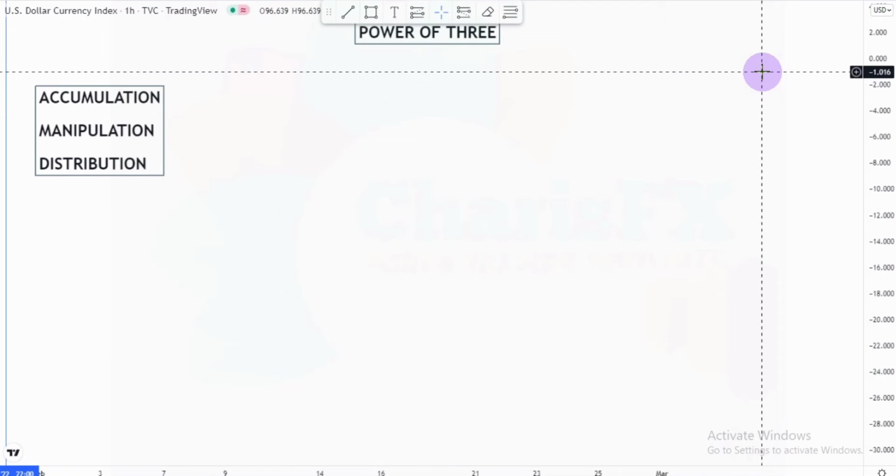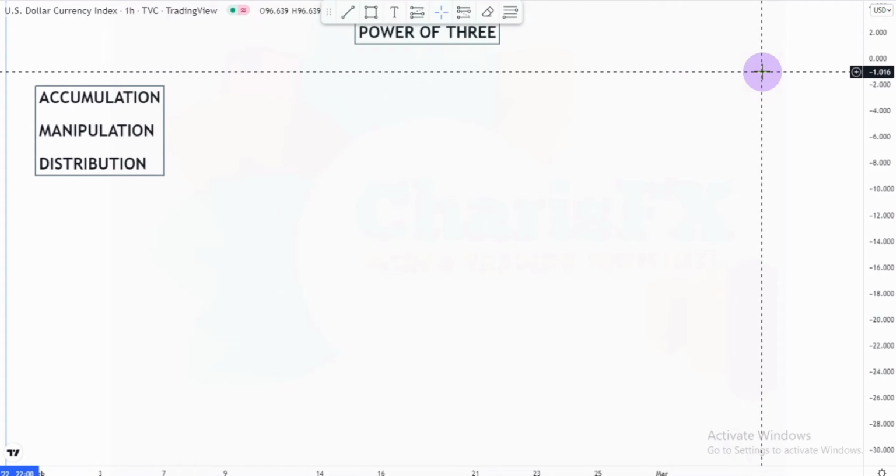When price opens on a weekly basis, from a weekly candle, price usually opens and goes into accumulation, then manipulation, and then distribution to deliver price towards the weekly range or weekly target.